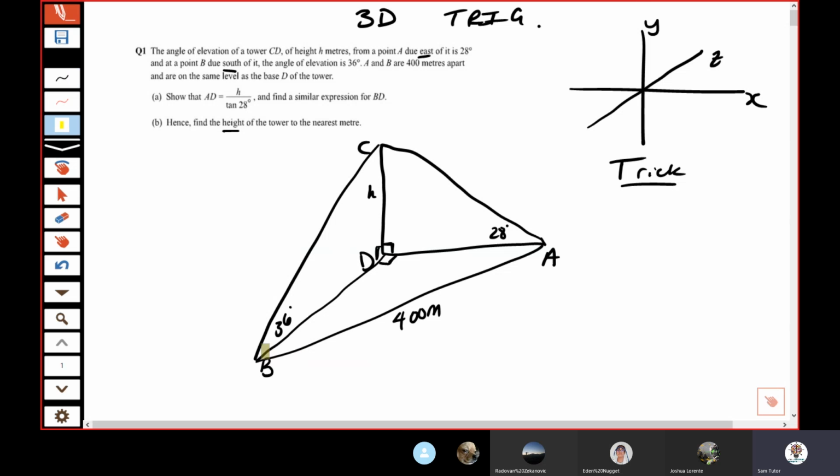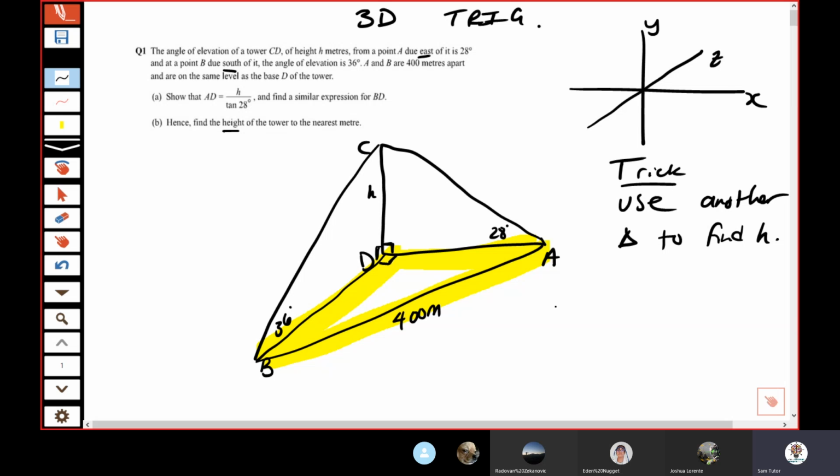What you're meant to use is actually this triangle. This triangle will allow you to find this height. Use another triangle to find h. That's the biggest and most important bit I can tell you.